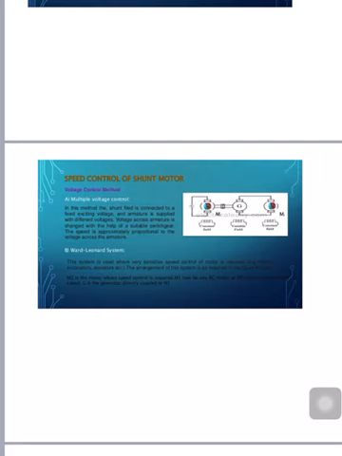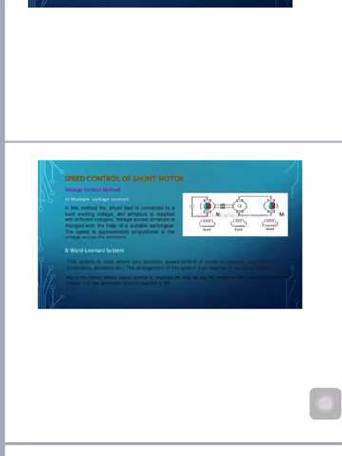You can see that in the diagram. Here we have one more important speed control, the Ward-Leonard system.